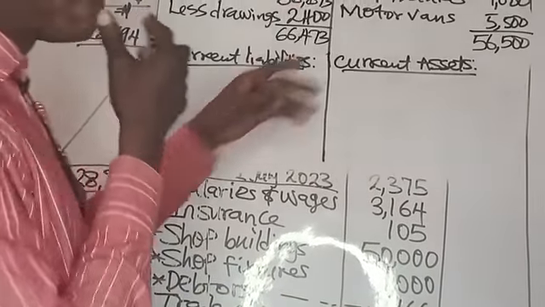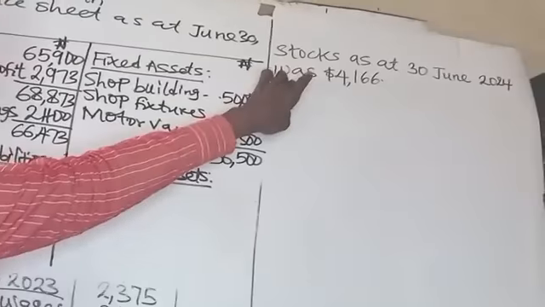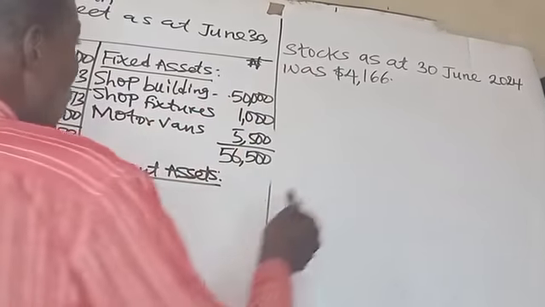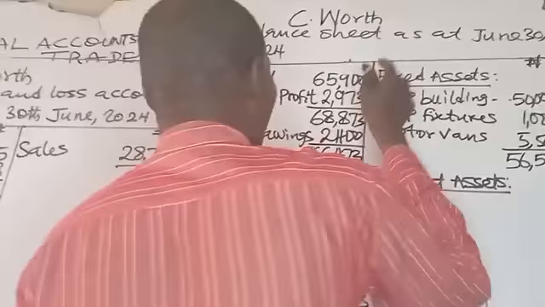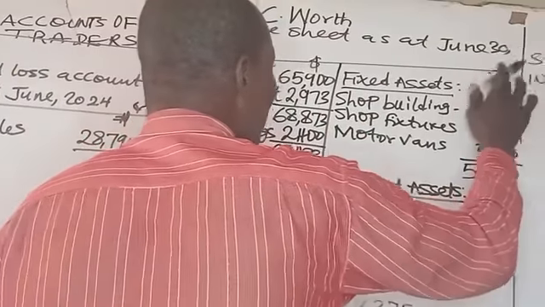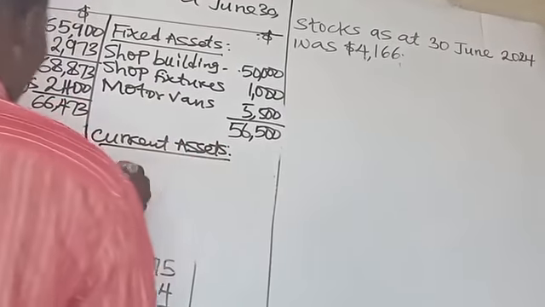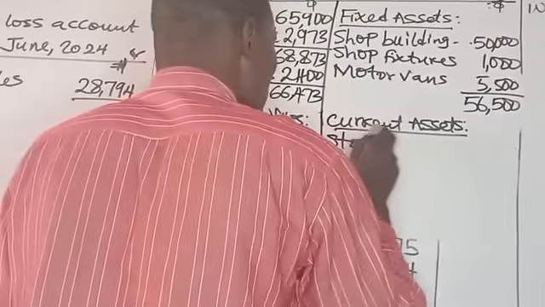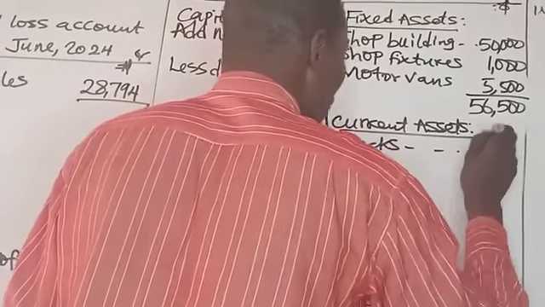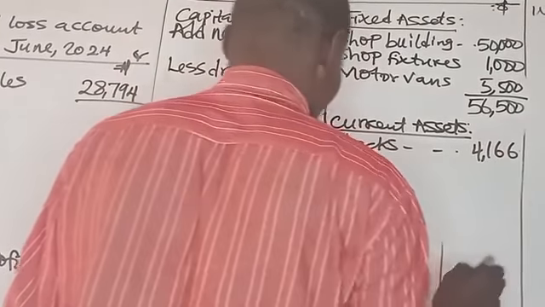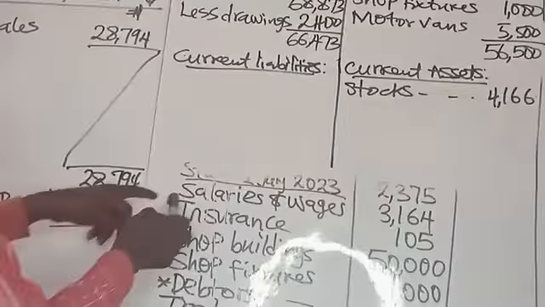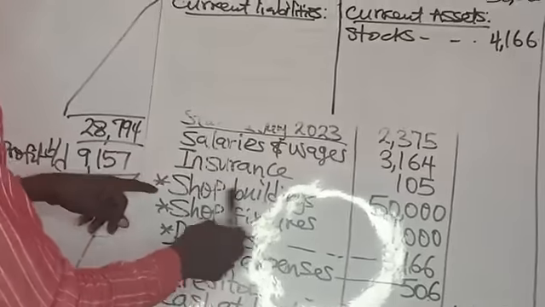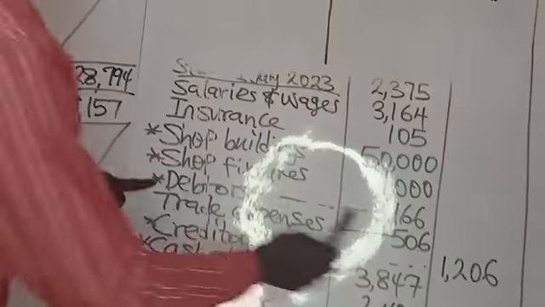Okay, now let me pick the closing stock. We have the closing stock of 4,166. The amount is in dollars, so let me change this to dollar, not naira. Our closing stock, 4,166. Now, this is an expense, these have been used. Then we have debtors.